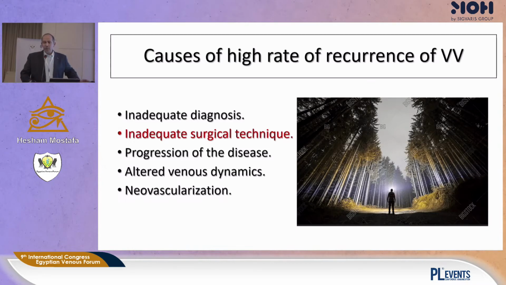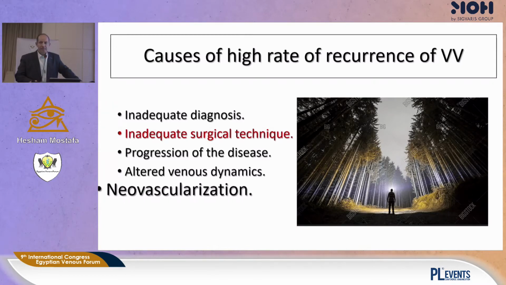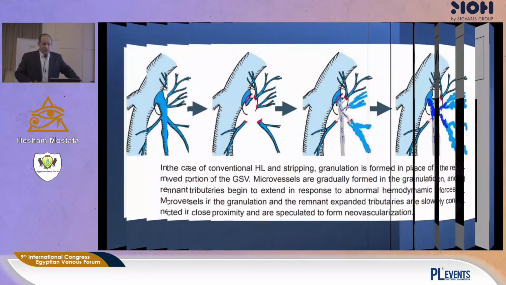Actually, apart from inadequate surgical technique as a cause for recurrence, we may have inadequate diagnosis, like operating on a patient already with secondary varicose veins, and also progression of the disease and altered venous dynamics. And the most important word is neovascularization.